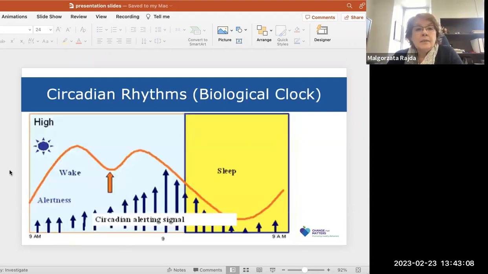The second mechanism that we talk about in control of sleep is the biological clock or the circadian rhythm, which is controlled by the suprachiasmatic nucleus. And we see a progression of sleep pressure depending on the time of the day and the point of the individual's circadian sleep rhythm.